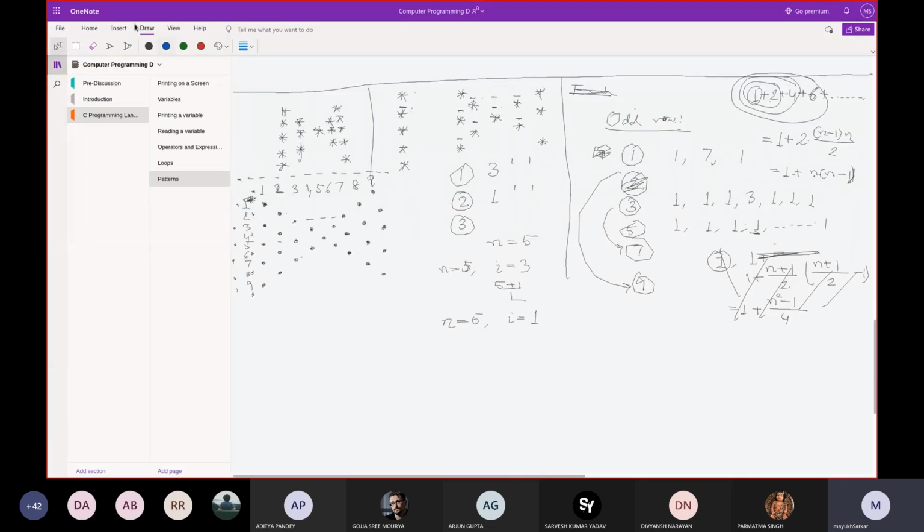Okay. So at i is equal to 1, this number of spaces is what is causing the problem, because it is in the reverse direction.